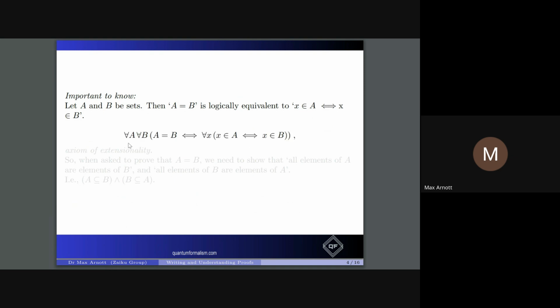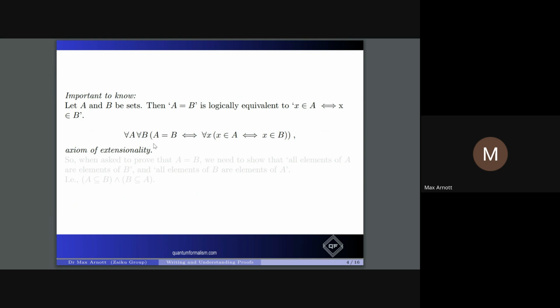And what this looks like here is actually called the axiom of extensionality. So this is one of the ZFC axioms, and you have to take this as a given. It is true in most people's mathematical universes, but if you're interested in axiomatic set theory, then exploring what happens when you include or exclude these axioms is very interesting.